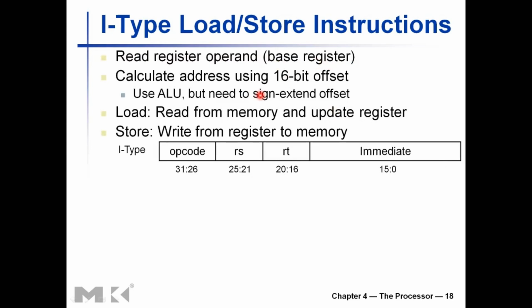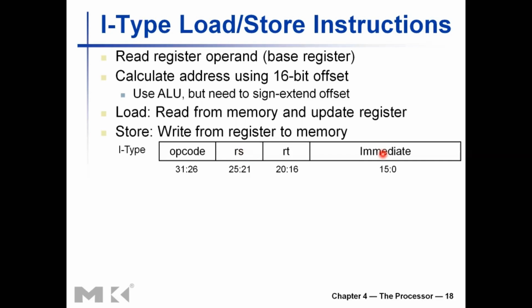The address of this memory access is given in two parts. One is the base register. In the register that is addressed by this field, there's a 32-bit value. That 32-bit value is a memory address, and that will refer to some memory location in the data memory. And the immediate value given in the instruction is an offset.